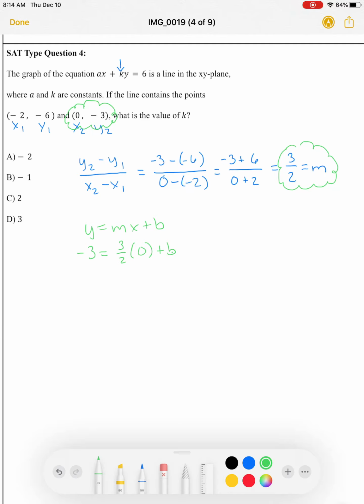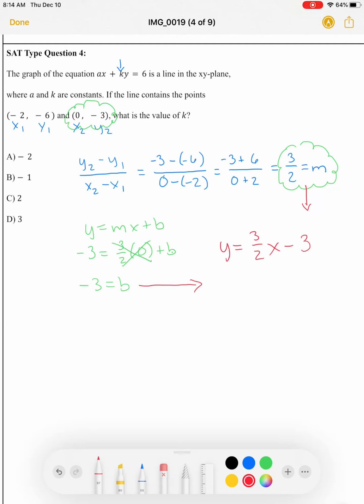Well, anything times 0 is 0, so we would be left with -3 equals b. Using our b value and our m value, we now have the equation y equals 3/2 x minus 3, which is the equation of our line.